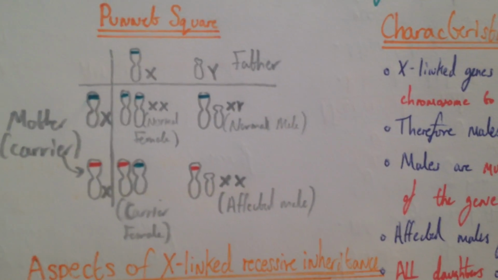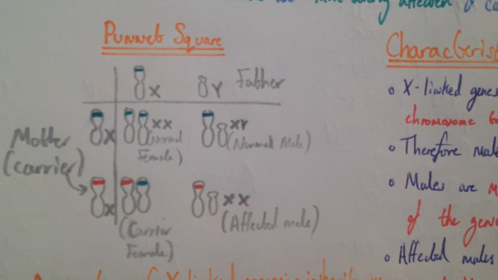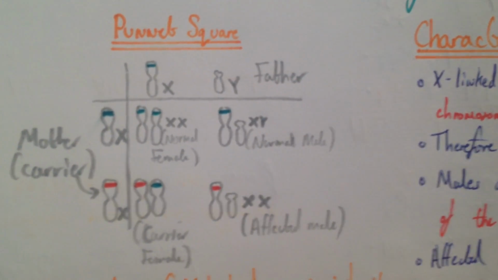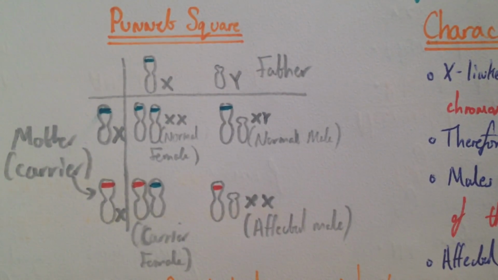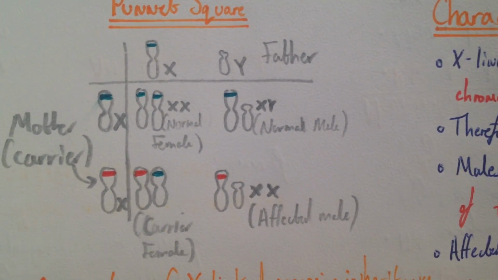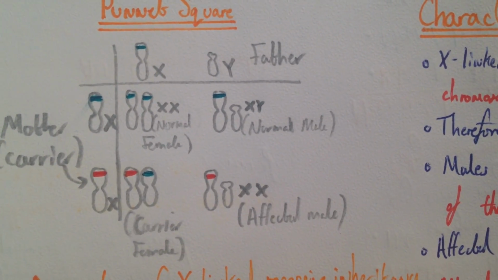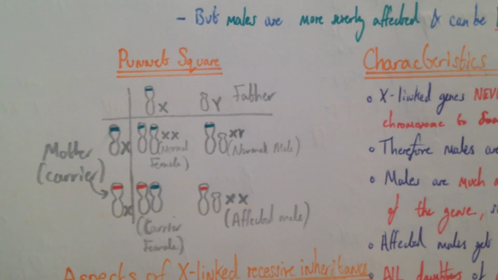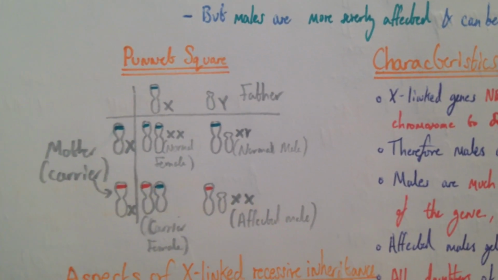If they were to have a child, then as we can see, the probability is that they would either have a normal female or a normal male, or they would have a carrier female or an affected male. Cool? Cool. And really, in an exam, just draw out the Punnett squares, inshallah, it should be fine.